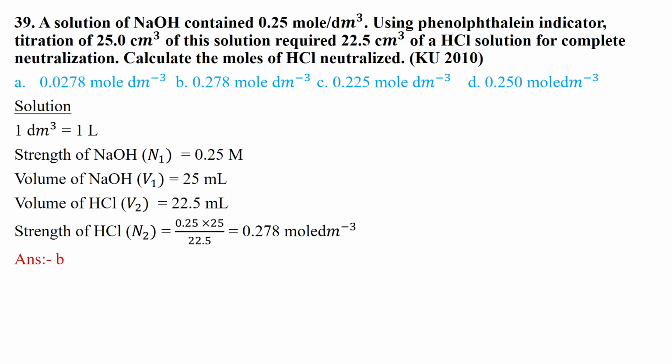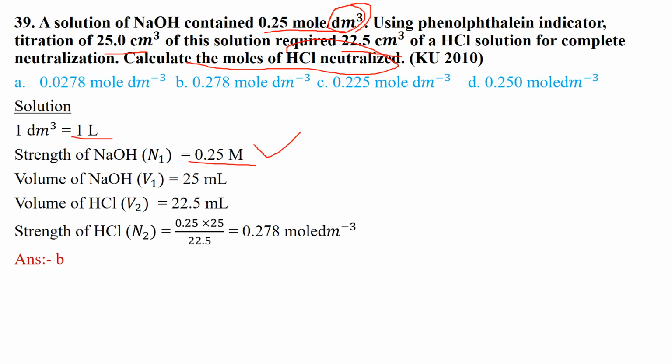A solution of NaOH contains 0.25 moles per dm3, right? dm3 means liter, just liter. Using phenolphthalein indicator, titration of 25 cm3 of the solution required 22.5 cm3 of HCl solution for complete neutralization. Then calculate the moles of HCl neutralized. Very simple question. Strength of NaOH is 0.25 mole per dm3, and 1 dm3 means 1 liter, so 0.25 moles per liter means 0.25 molar.